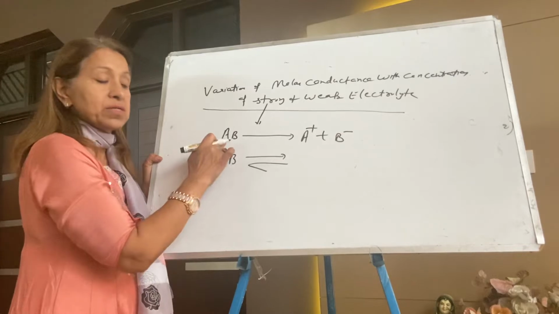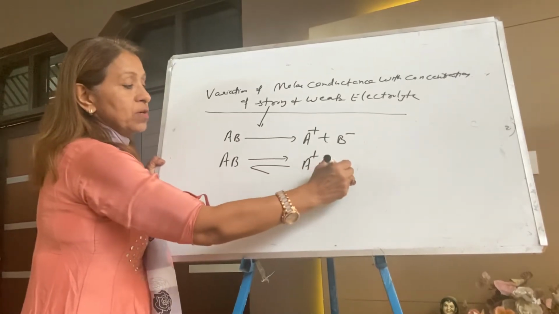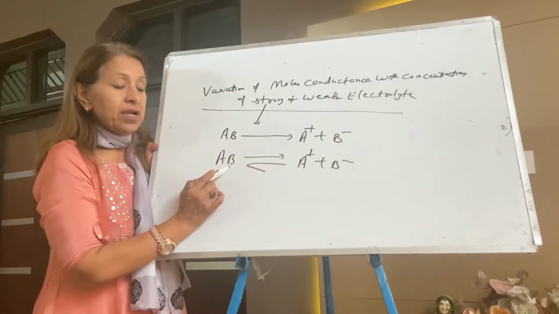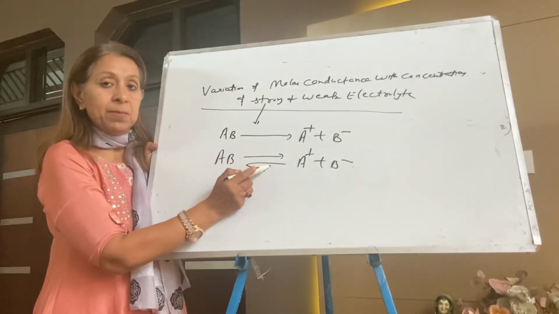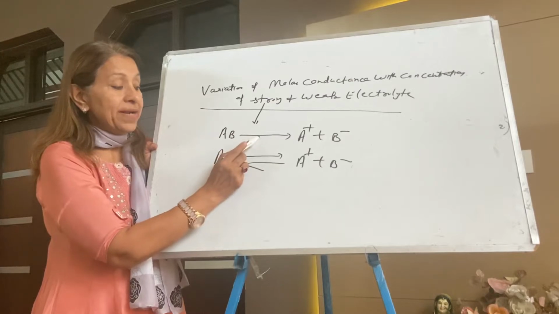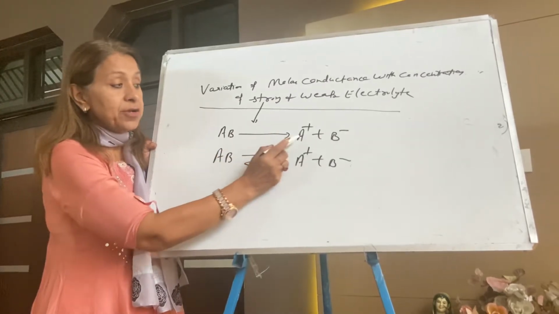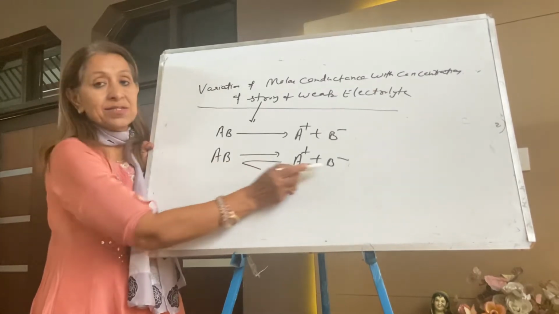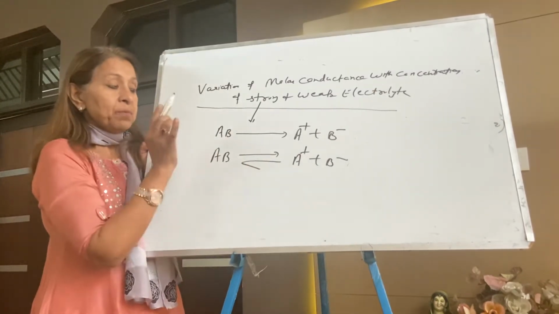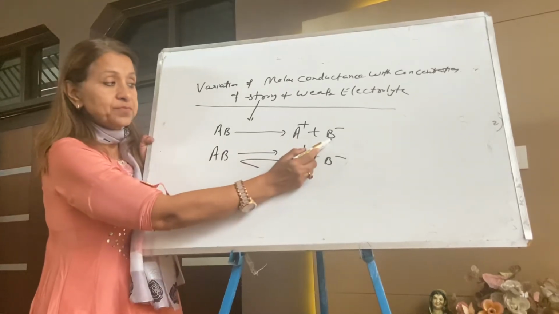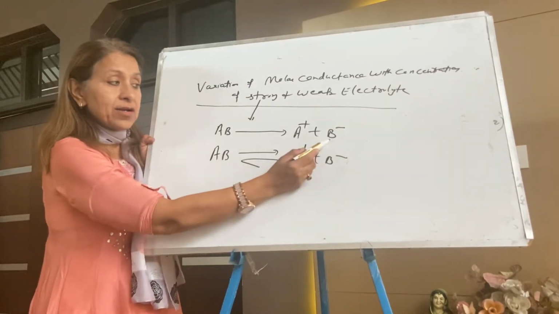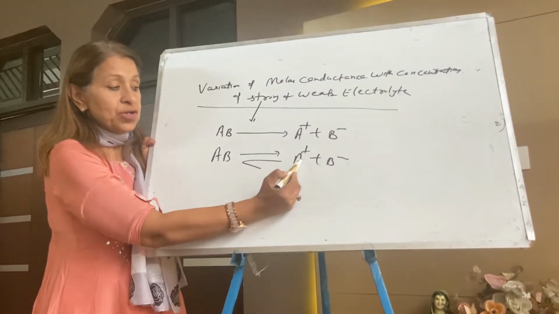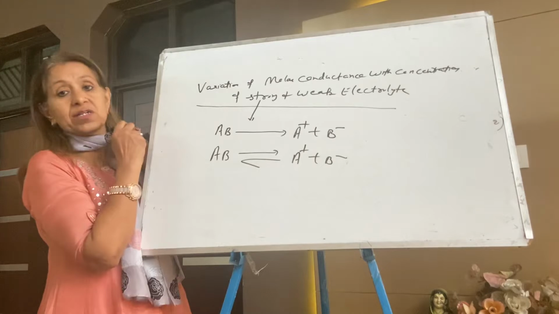So strong electrolyte is always shown by a single arrow, weak electrolyte always by a double arrow. A strong electrolyte is completely dissociated, it has a greater number of ions; a weak one is weakly dissociated, it has fewer ions. Because it has more ions, it conducts electricity to a large extent. It has fewer ions, so it conducts electricity to a lesser extent.